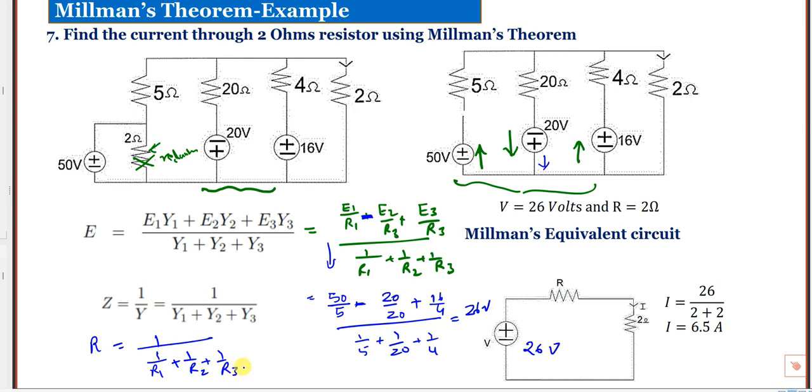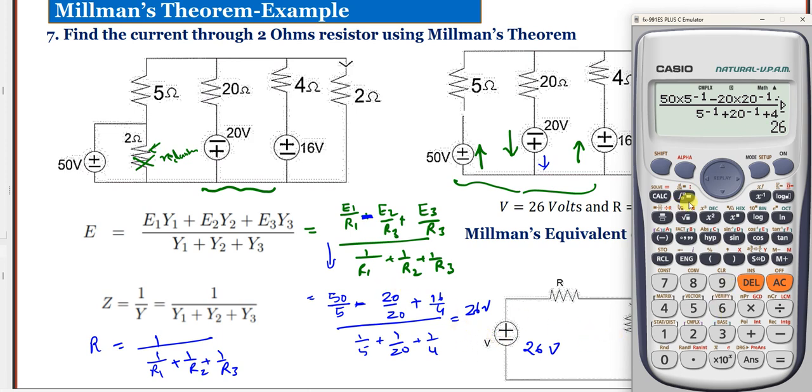In the numerator, we have to make it 1. So 1 divided by 5 inverse plus 20 inverse plus 4 inverse, and you will get 2 ohms.